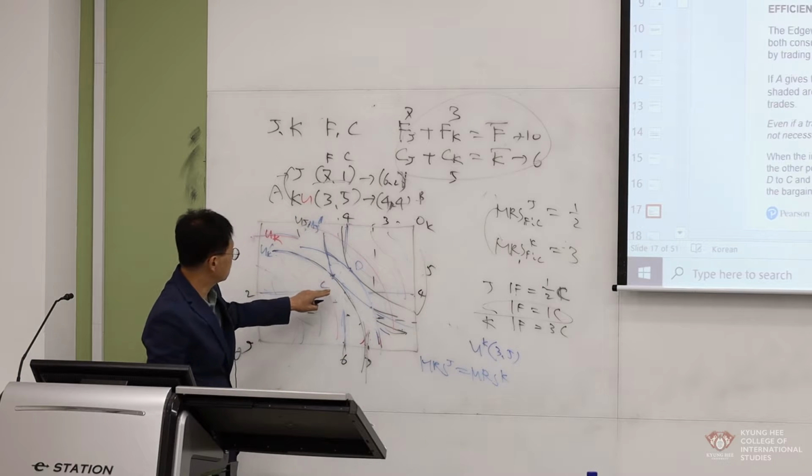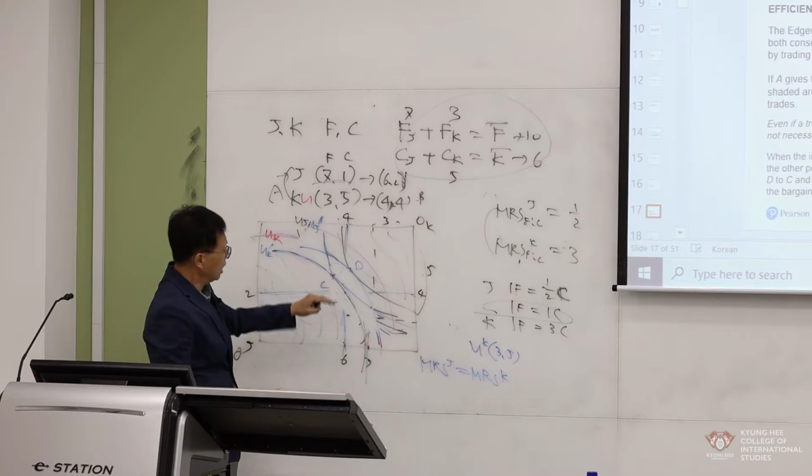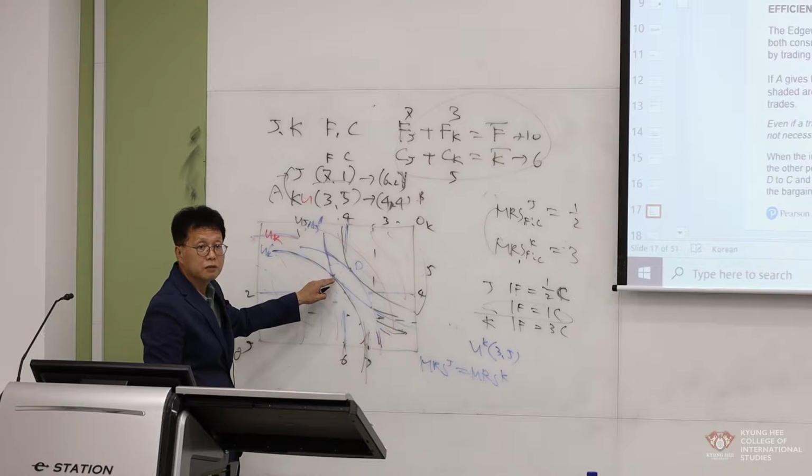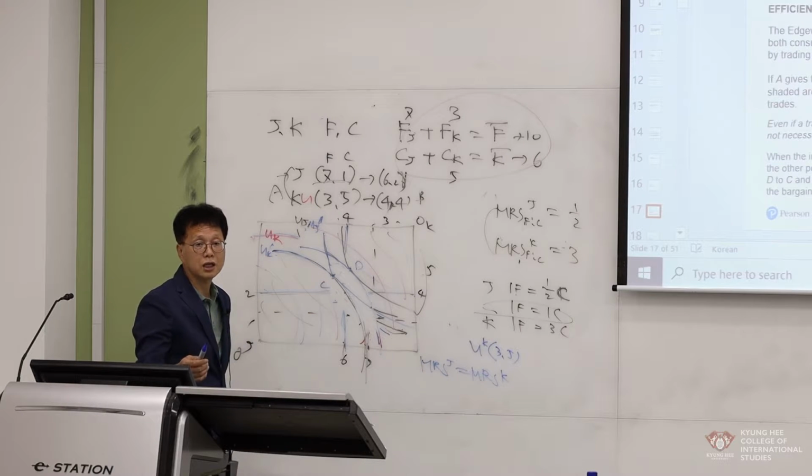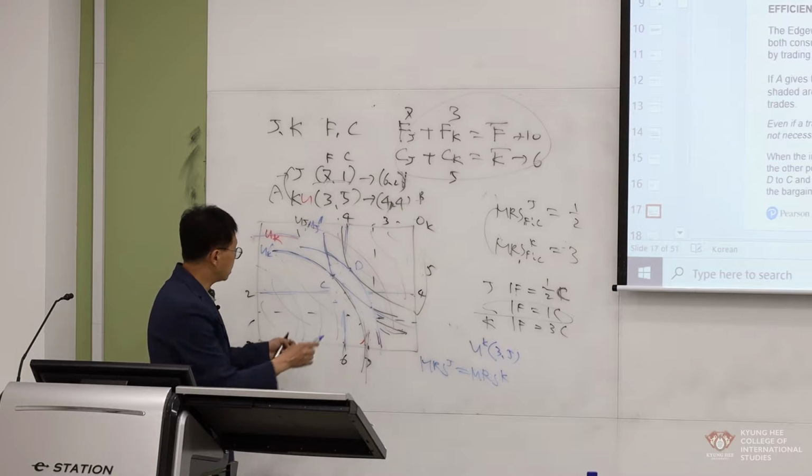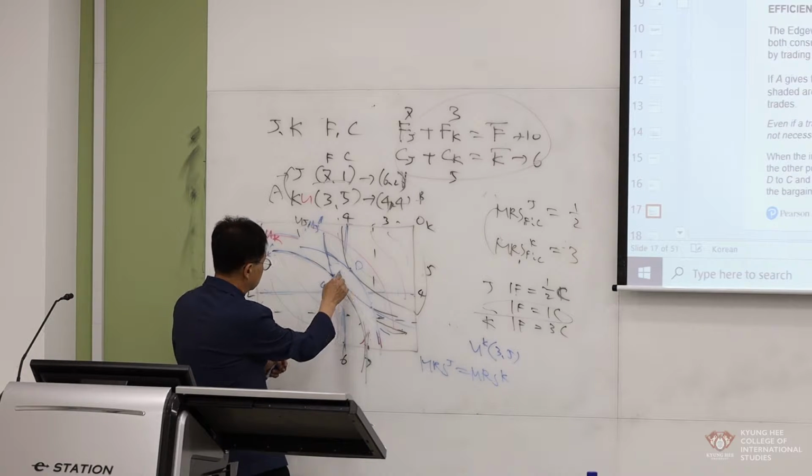In this situation, for example, at point C, right? After a transaction, James' utility can increase from this without hurting Karen. It's not possible. Why? Now think about another transaction.